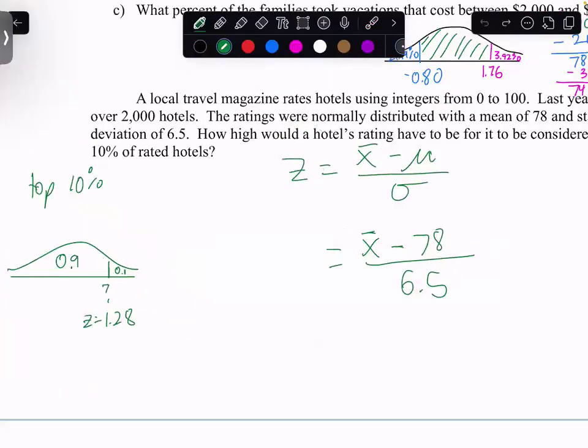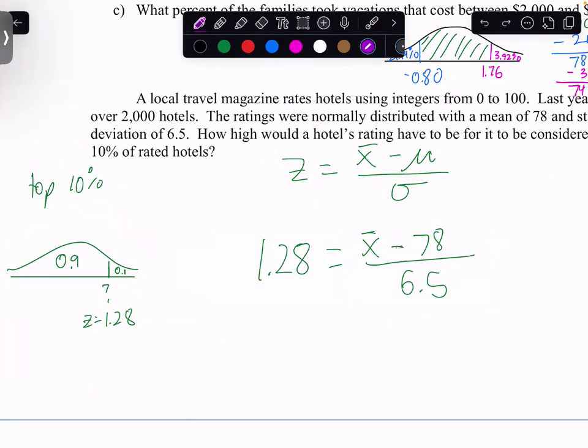Okay, so back in the formula, we can replace z with 1.28. Okay, and now you just need to get the variable by itself. So first, you may wish to get rid of the denominator.